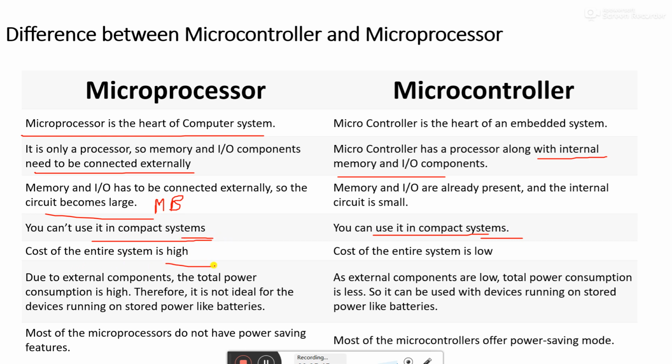The cost of the entire microprocessor system is very high, and due to external components the total power consumption is high, so it is not ideal for devices running on stored power like batteries.